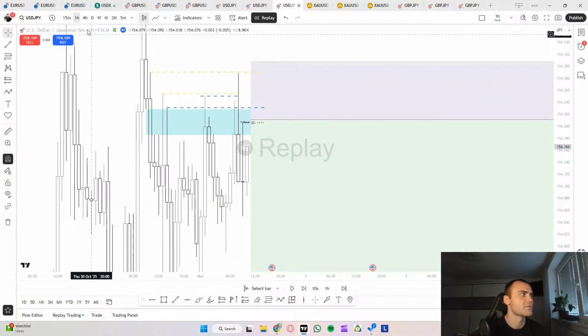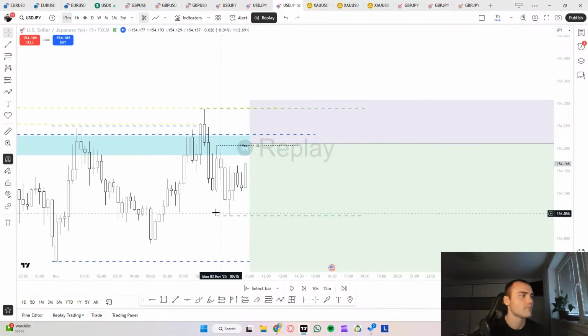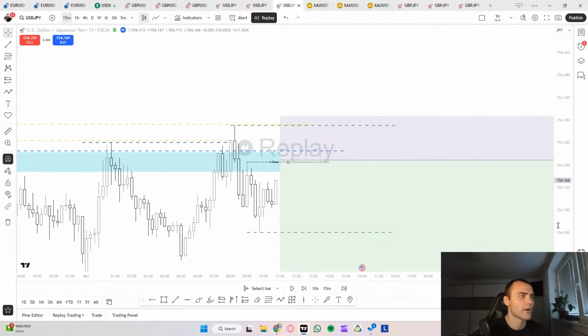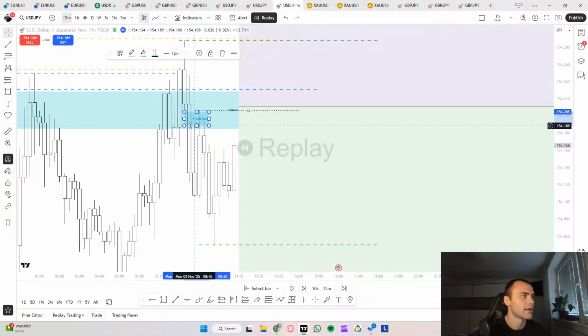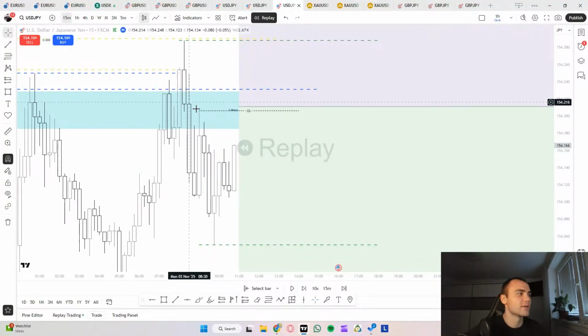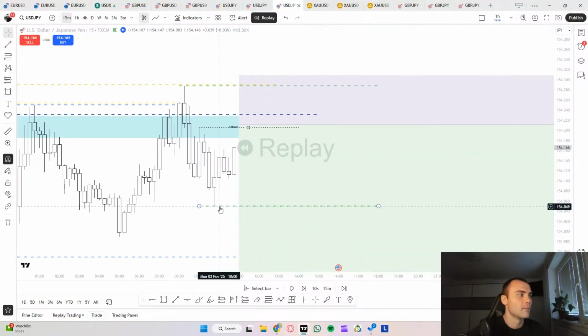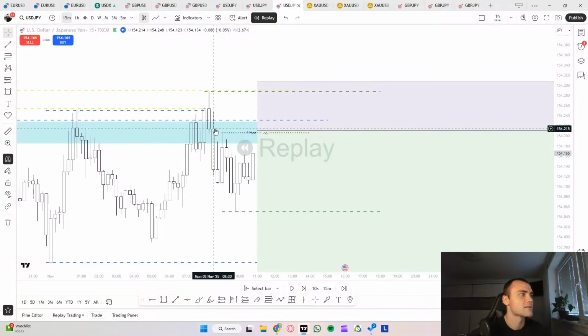When the range was fresh. When the range was fresh, basically we got this order block, we got this imbalance, right? And we got liquidity from here. And yes, you would have been more early in the trade and it would have been better, right?